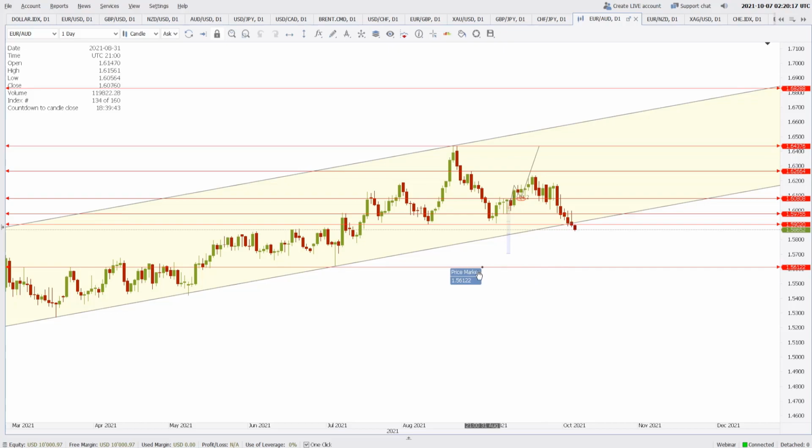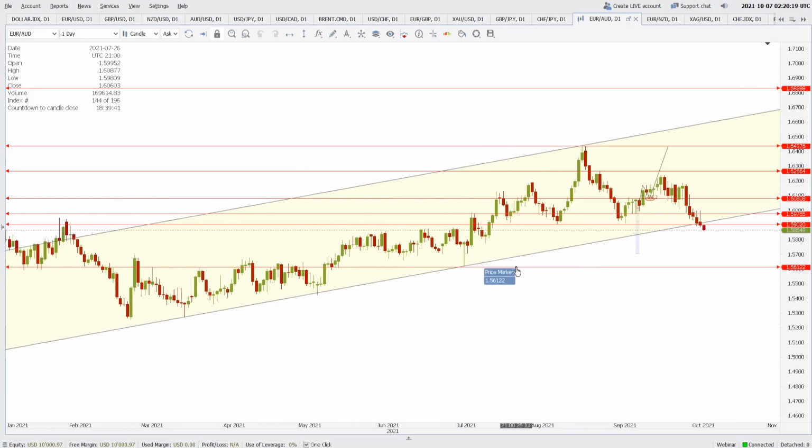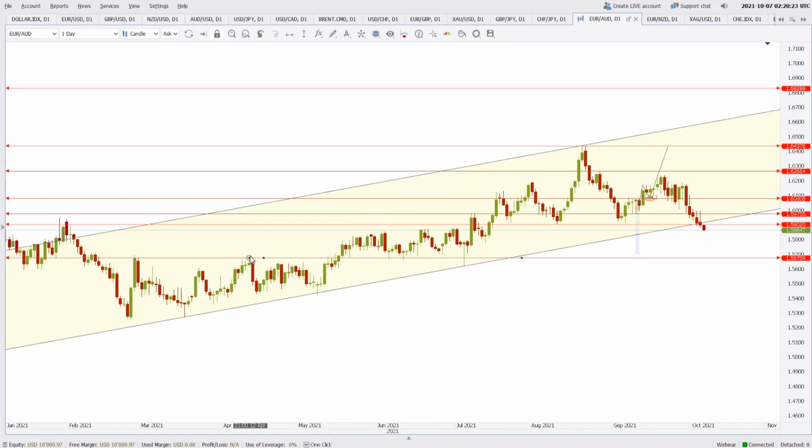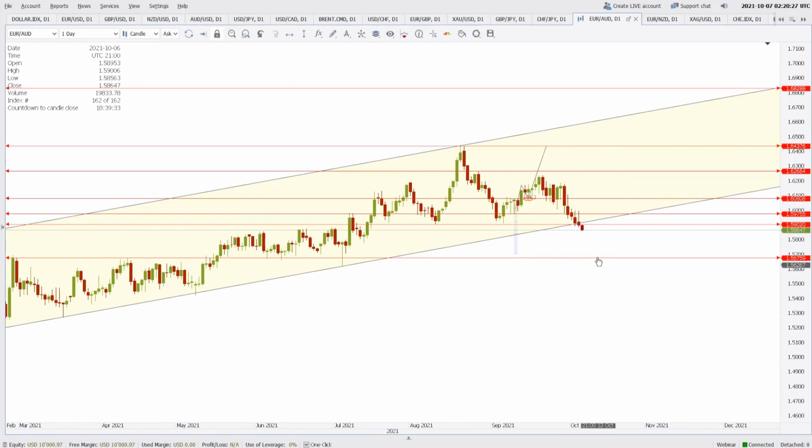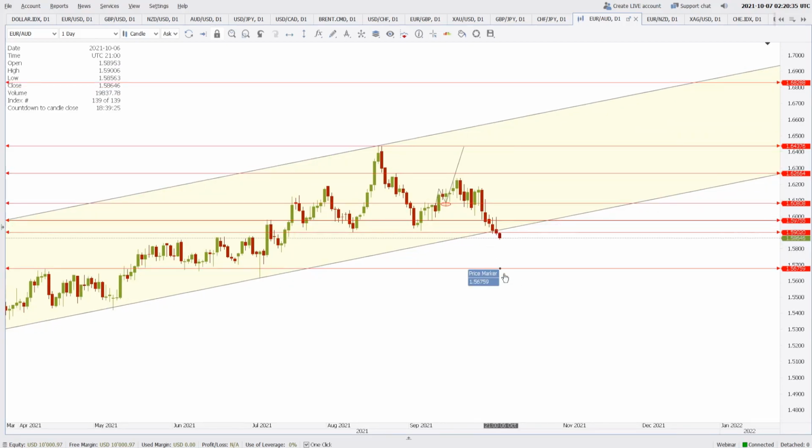So this is where I'm expecting the next support, although actually I should be testing these highs. This 1.5675 area, I think, should be the next support. So expect the price to go there once it starts moving down.